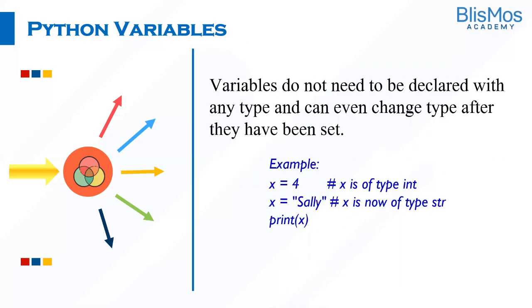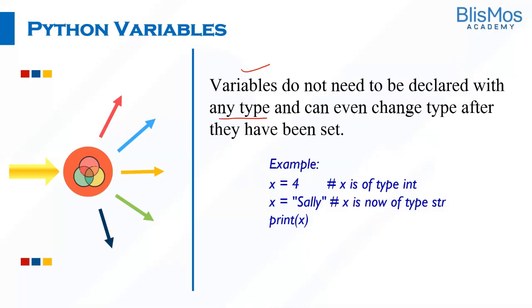Wonderful, isn't it? And also, one more very important aspect is usually in other programming languages, when we create the variable, we say x int, y char and all those things. But when we use the variables as a part of the Python, we need not specify any type.